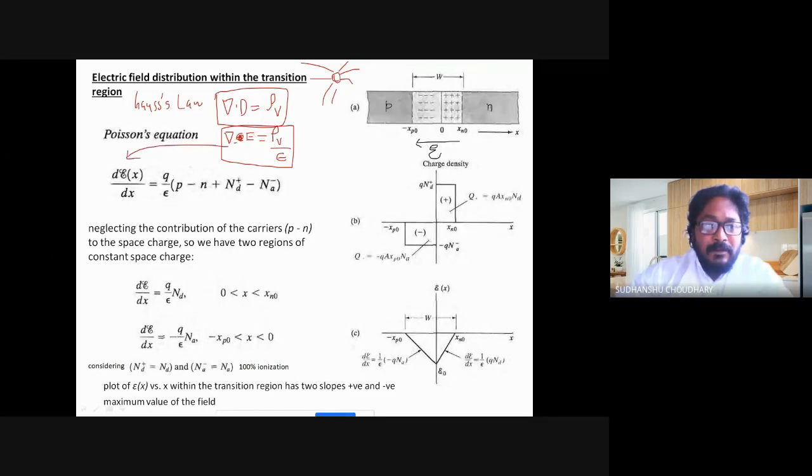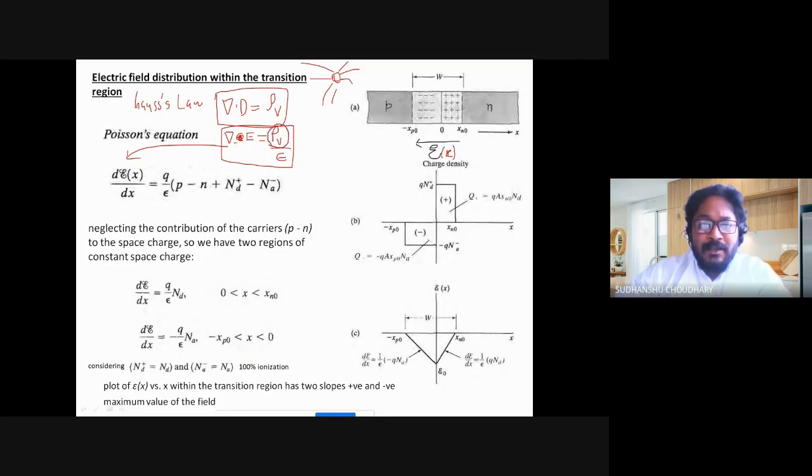That is d by dx of Ex. We want to find out actually Ex, that is the electric field variation with respect to the position inside the semiconductor. So this can be replaced. We can say d by dx of Ex, that is the electric field will change with x, and for rho V, so this is charge density.